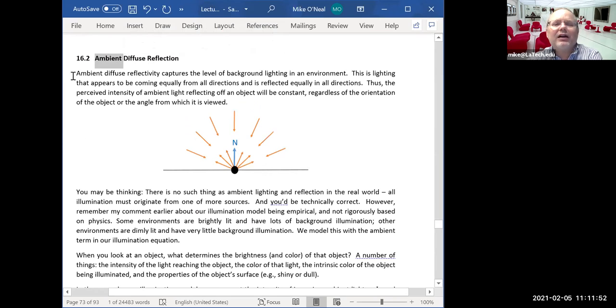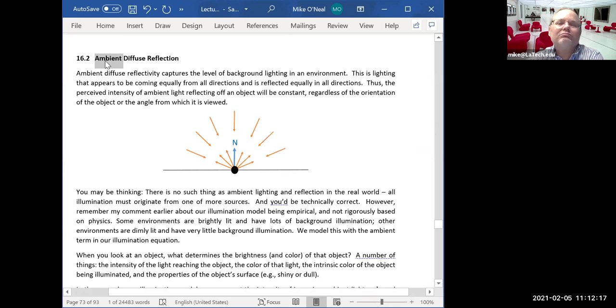So ambient light has to have a diffuse reflection. You can't have ambient light coming in from all directions and then being preferentially reflected in some direction. That wouldn't make any sense, right? Because if light is coming in from all directions, it's going to hit the surface, and surfaces have some roughness, and that light's going to be bounced out in all directions.